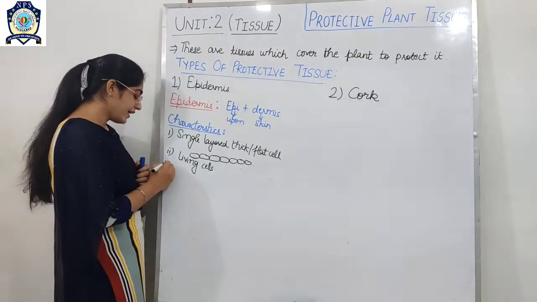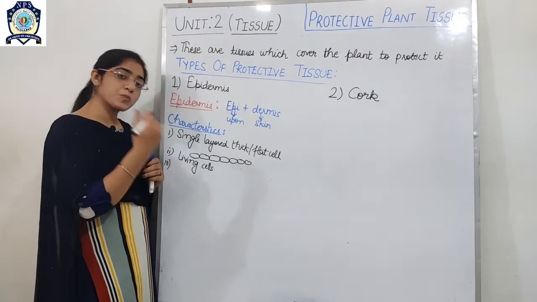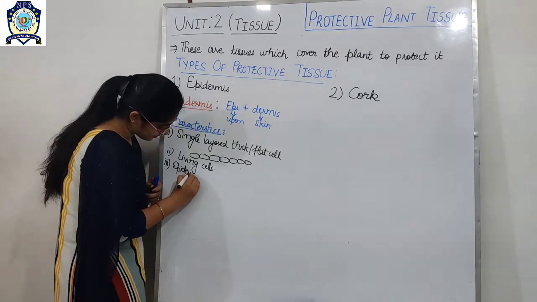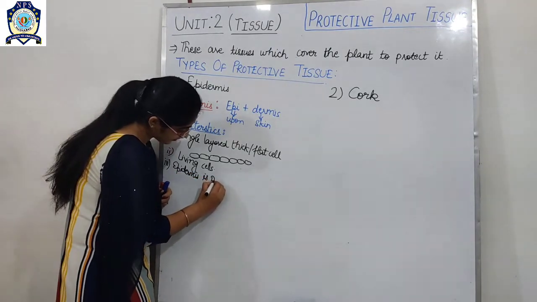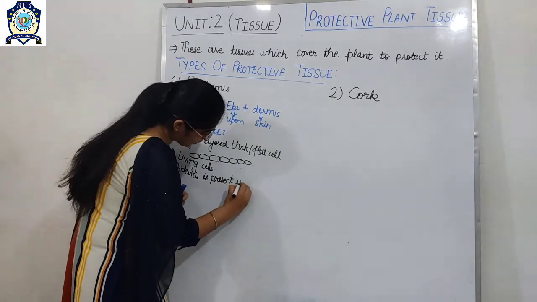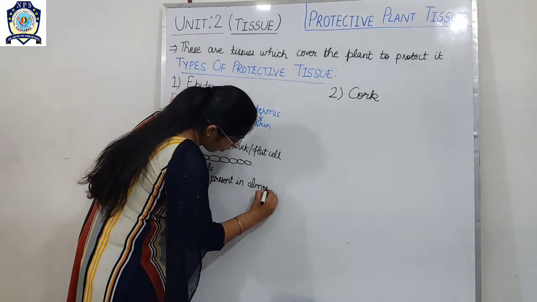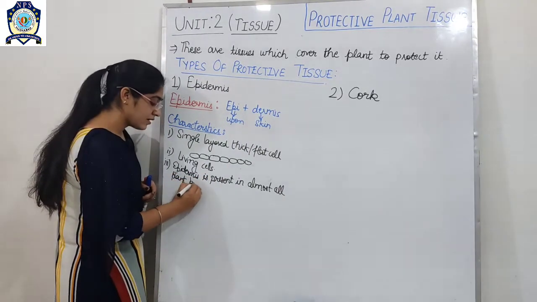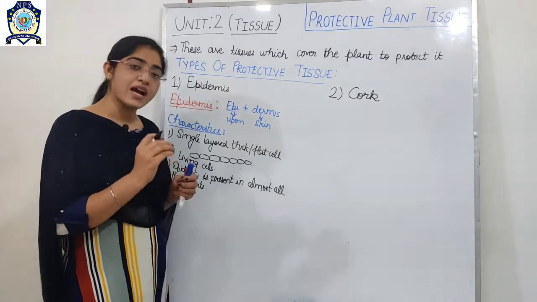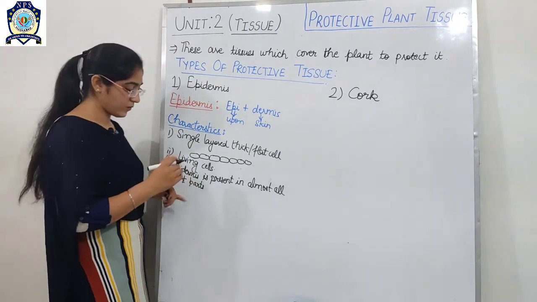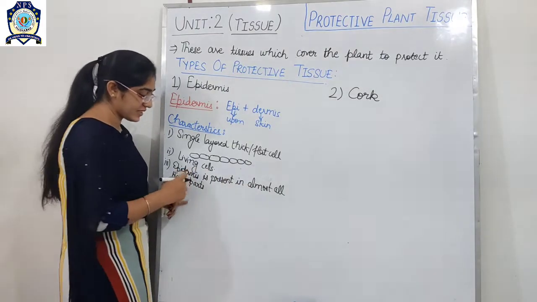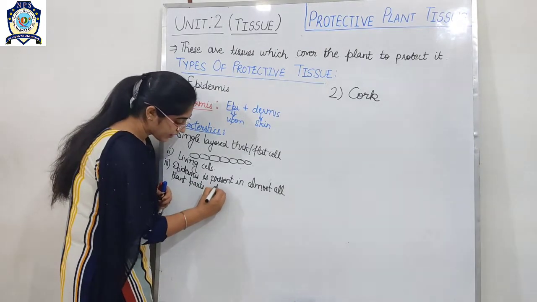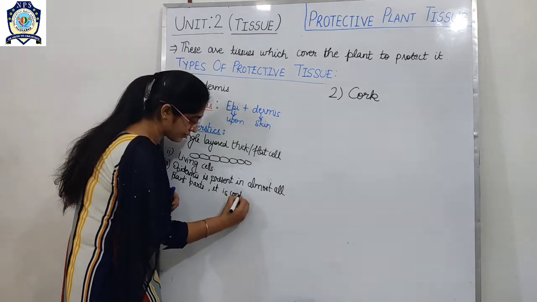Next, epidermis is present in almost all plant parts. All plant parts means in the stems, in the roots and also in the leaves. So epidermis is present in almost all plant parts, and it is continuous.